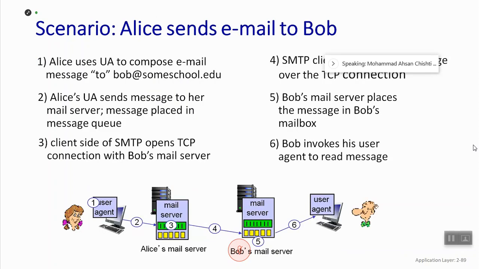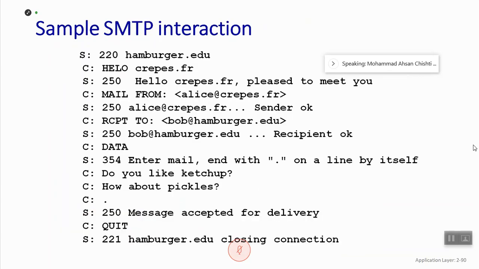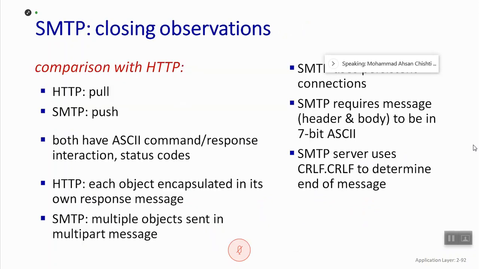Now we have a comparison given between the two protocols, HTTP and SMTP. We know HTTP is typically used for browsing and SMTP is for mail checking. HTTP uses a pull mechanism and SMTP uses a push mechanism. How do we differentiate between the two?